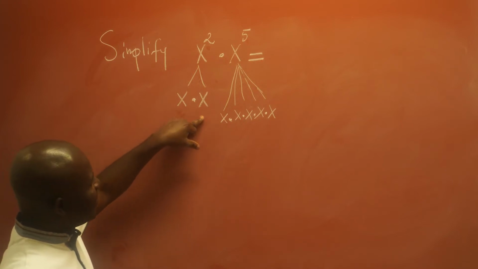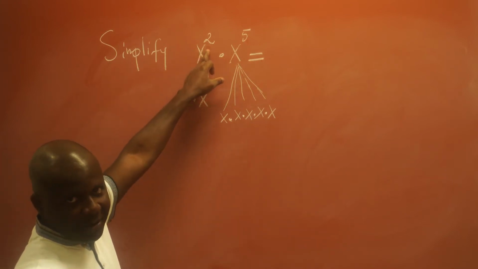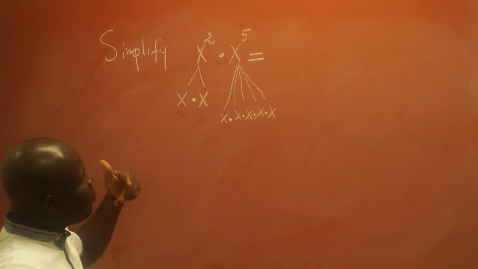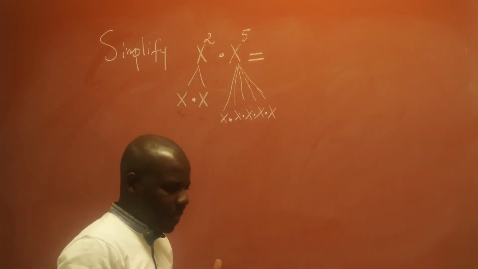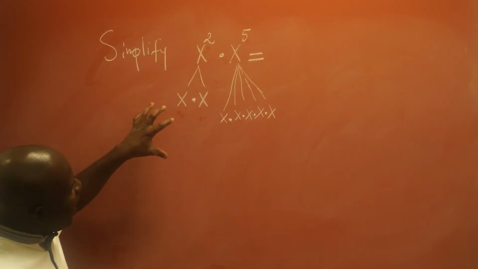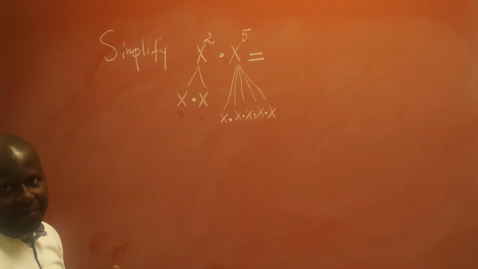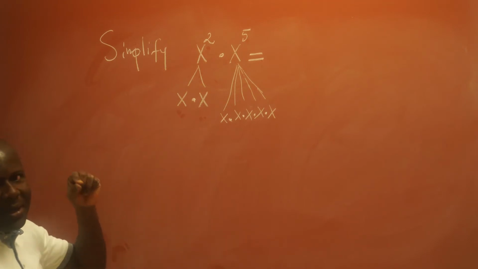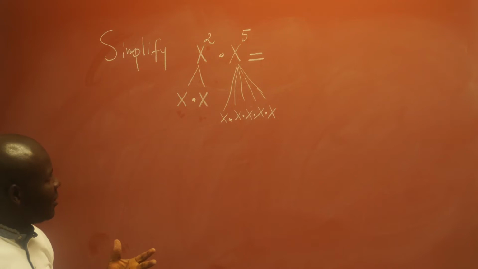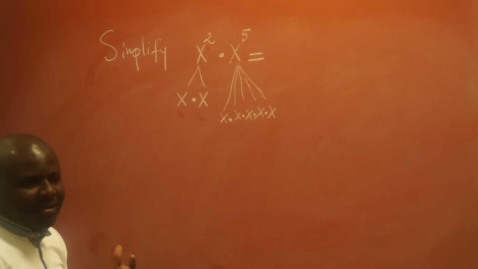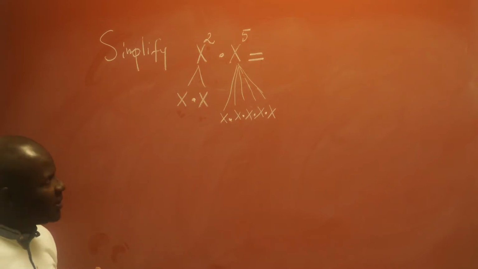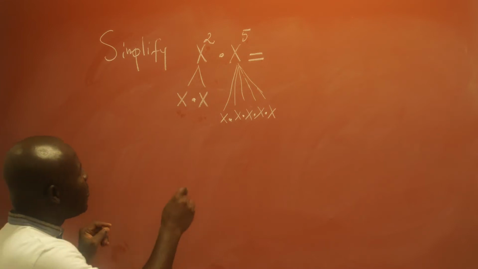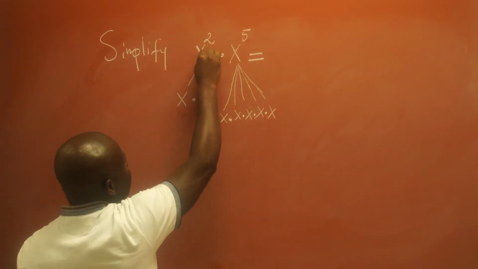Now, x times x, which is x squared, means every time you multiply x by itself a fixed number of times, the power will be that number. I repeat, suppose you multiply x by itself 100 times, the exponent will be 100 for that x. And we do this only when you have that same base.